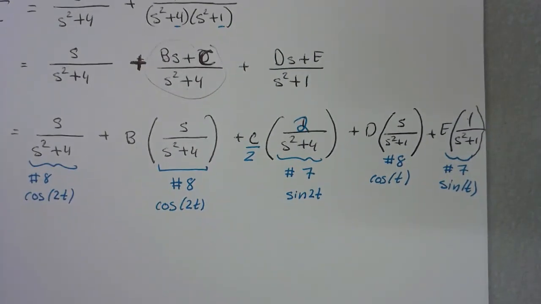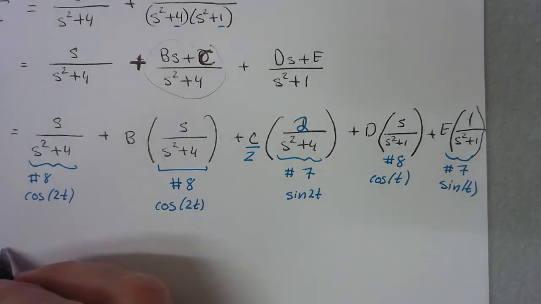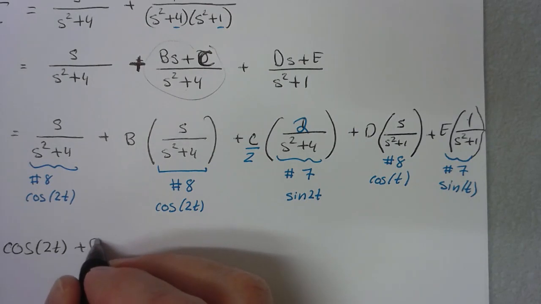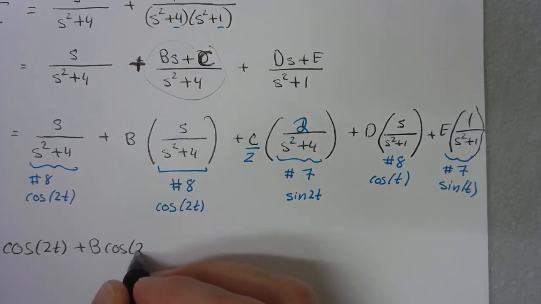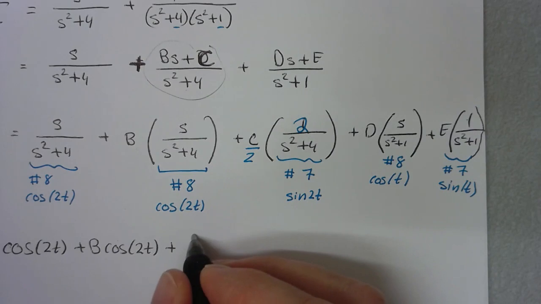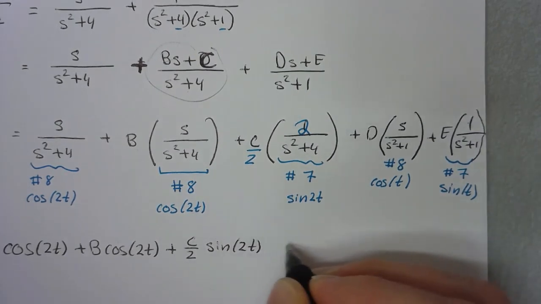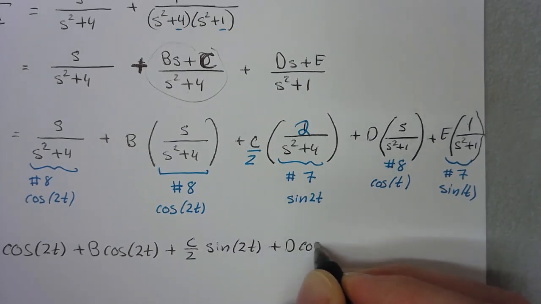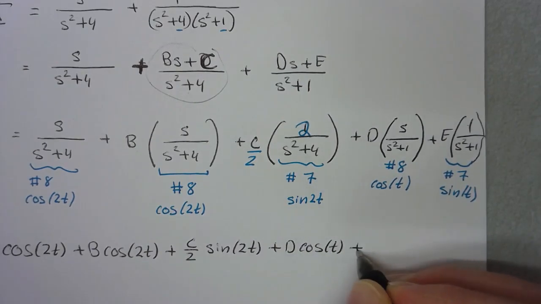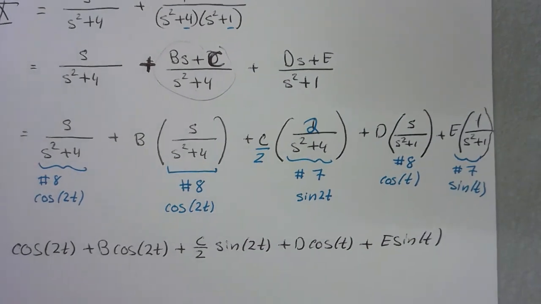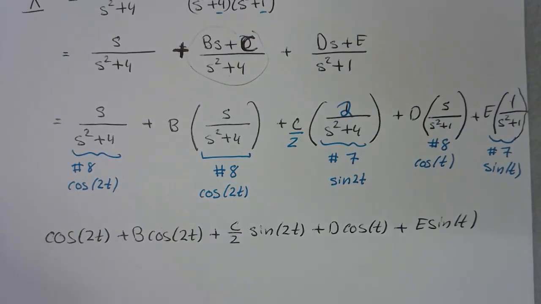So even without figuring out B, C, D, and E, I still have a bunch of work to do. Now I can combine, so let's write this out a little bit. So I have cosine of 2t plus B cosine 2t plus C over 2 sine of 2t plus D cosine of t plus E sine of t. Now these aren't all independent, right?